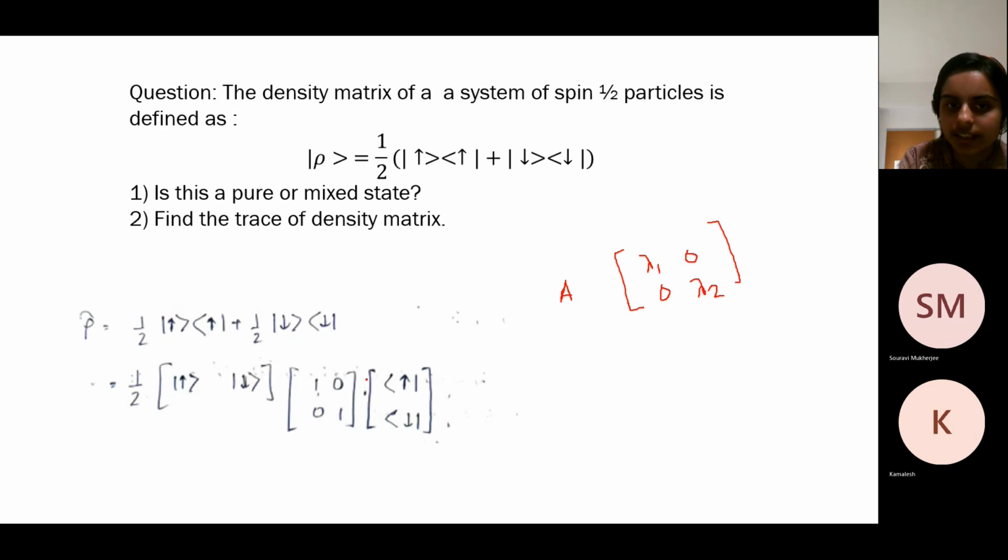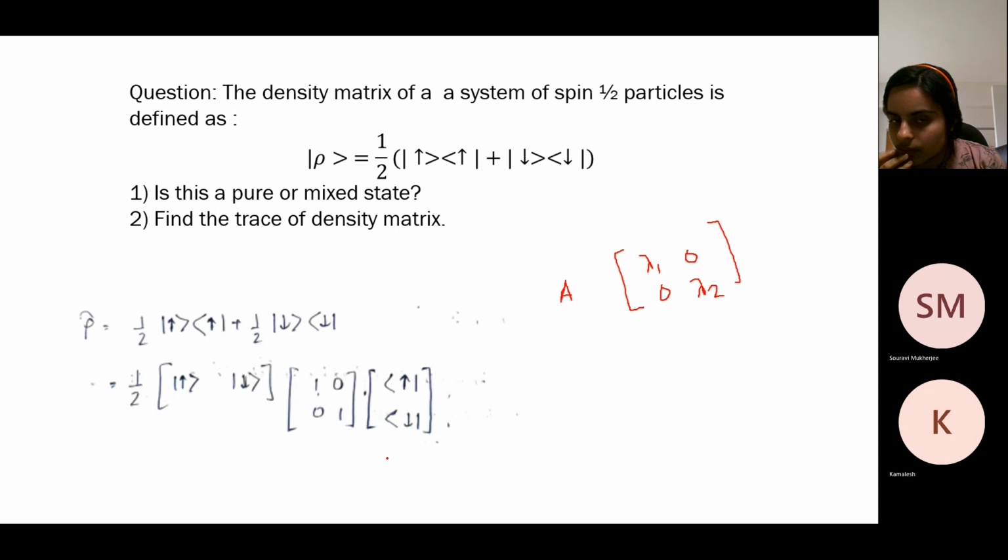So in this case, both the eigenvalues will be half and half. So what is that signifying? What do the eigenvalues of the density matrix signify? It tells each state with a degenerate state.